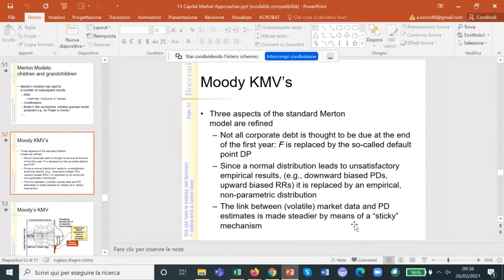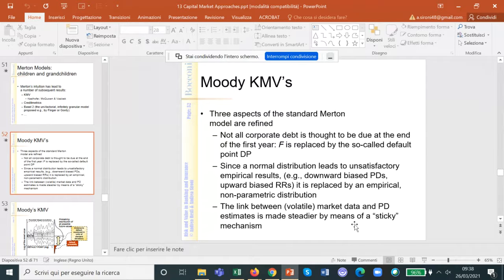Finally, the last model I want to show you is the KMV model. KMV was a company founded by three economists. Kielhofer, V. Svazicek, and M. Well, I don't recall the third one.